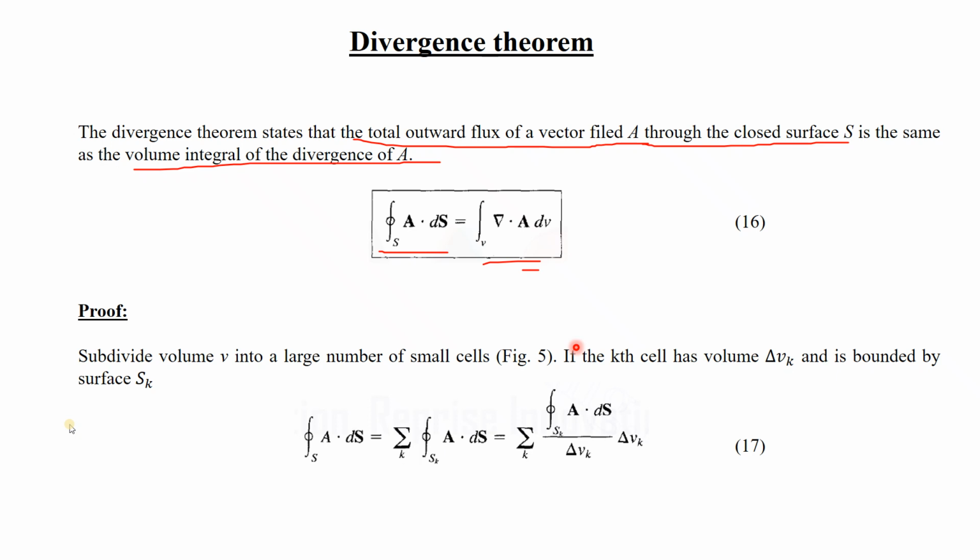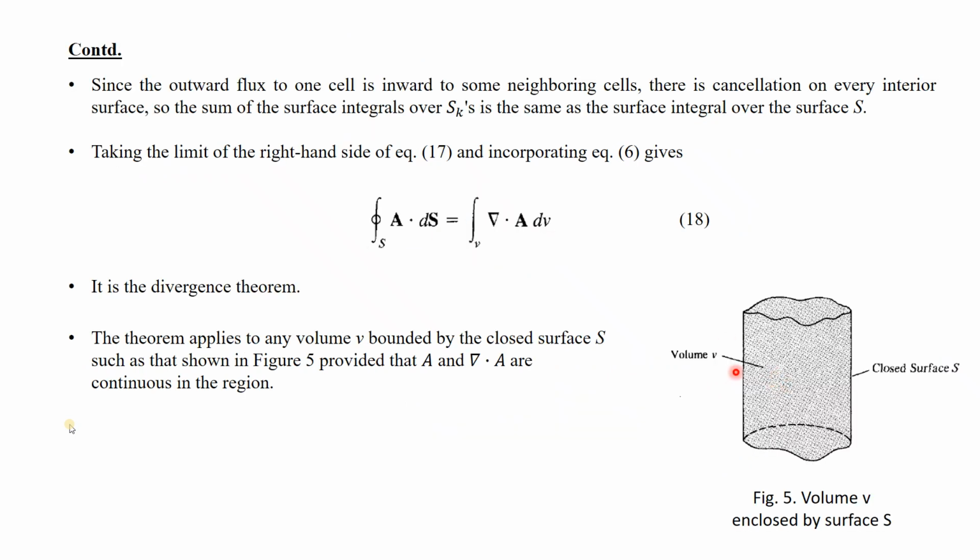Now the object will be divided into small objects, you can say k number of cells or n number of cells. This n can be 100, it can be 1000, it can be lakhs, millions. So there are multiple cells, and each cell is having a volume of delta Vk.